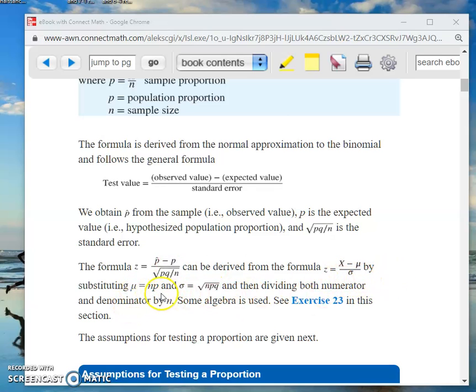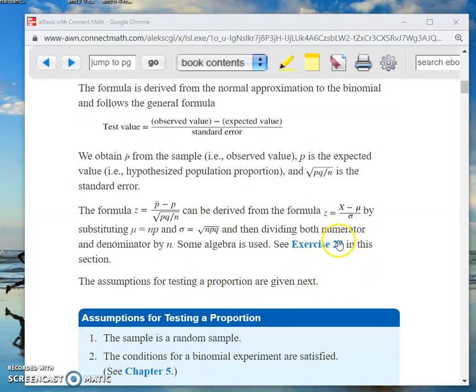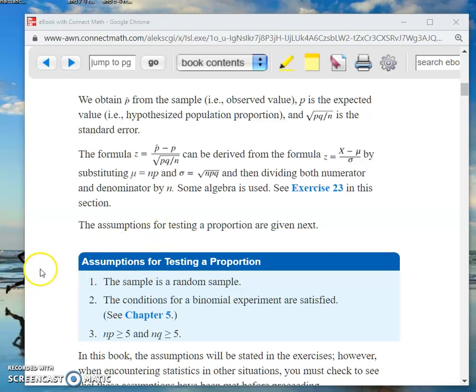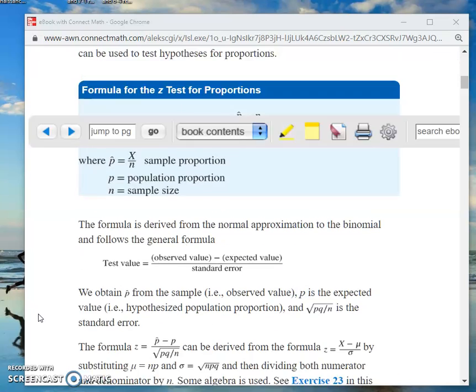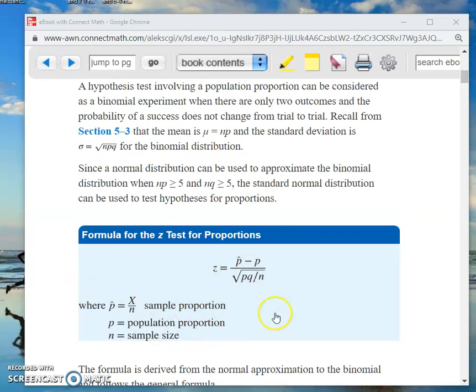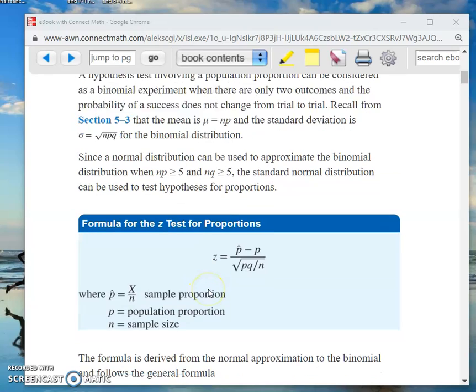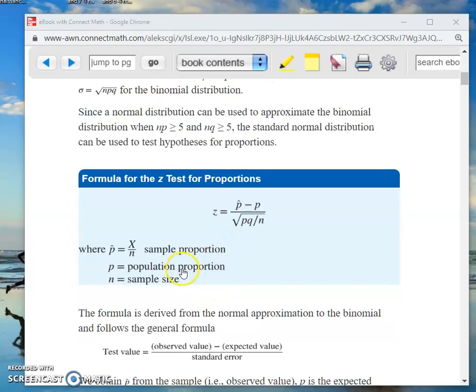For mu, we substitute np, and for sigma, we substitute root npq. So that's left to the student at exercise 23. Maybe I'll try to do that when I get a chance and put that up on the video. In any event, this formula gives us the z score for our test.